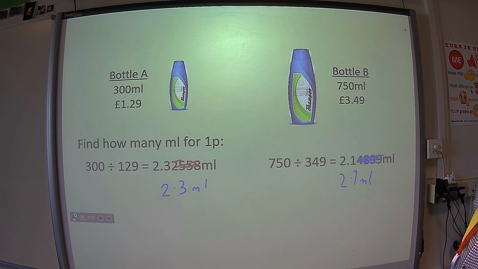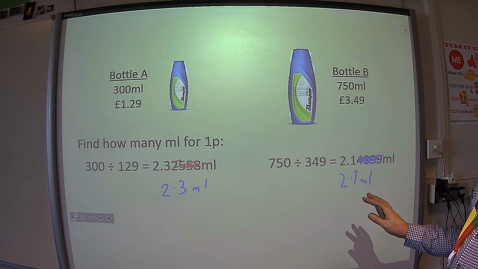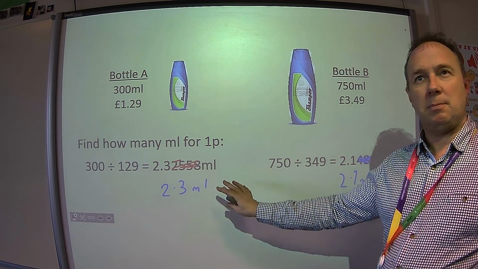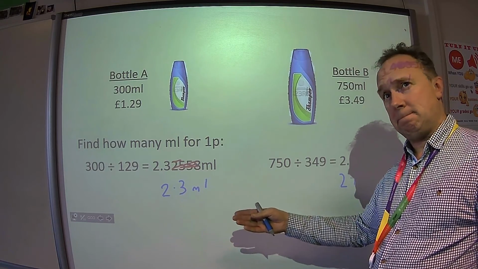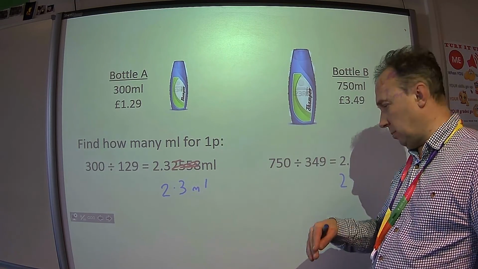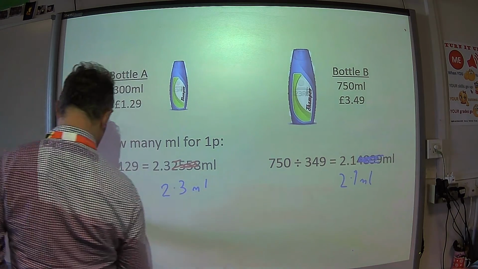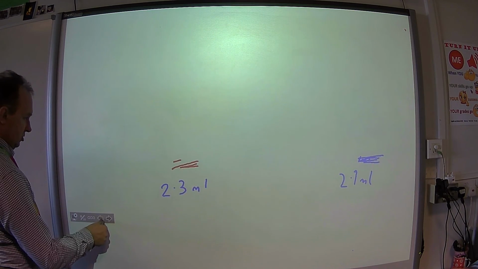However, I want to show you another way to do this. Bear in mind here, it was the largest number that was the best value because we got the most for our penny. Let me just back the bus up a bit and say you can also do it this way.